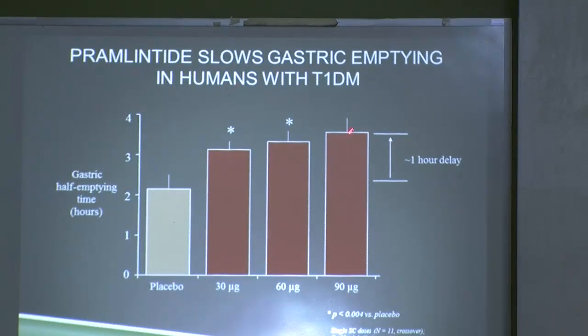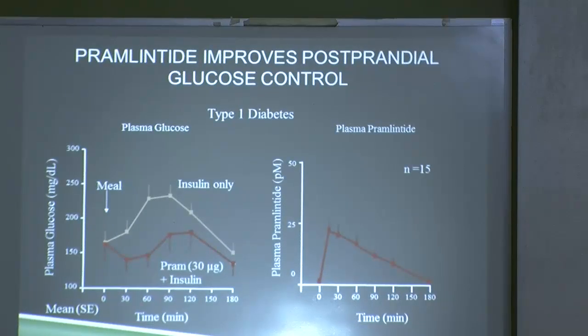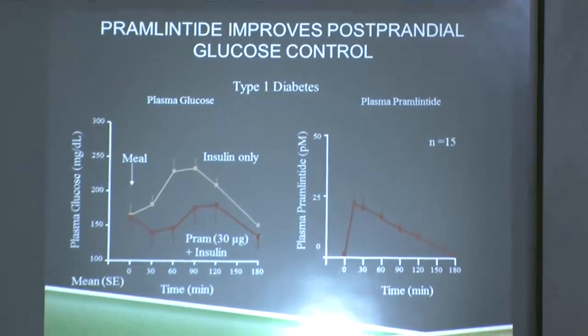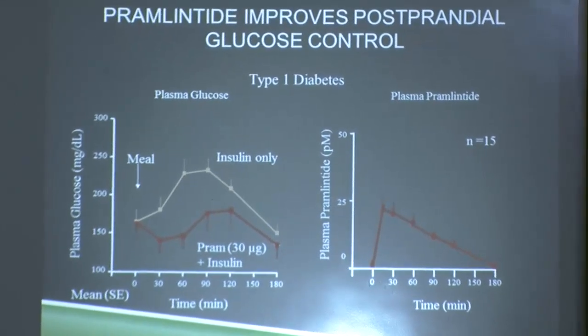And that's a pretty significant time delay. And then also a study done in 2005 showed that satiety was drastically increased when comparing pramlintide users to placebo. So overall, these mechanisms cause pramlintide to improve postprandial glucose control.